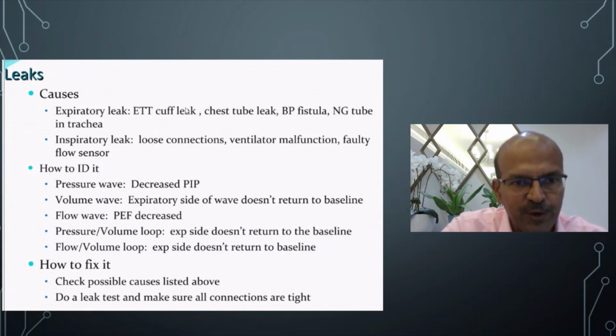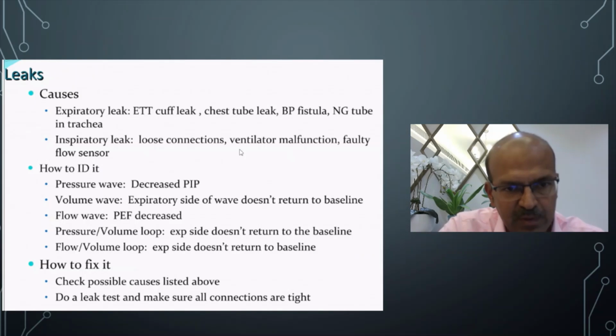You are not using a cuffed tube in babies, of course, according to the size of the tube. You can have a chest tube leak if you have a pneumothorax drained, or a bronchopleural fistula can be leaking. And inspiratory leak can happen with loose connections when the ventilator starts malfunctioning or if there is a faulty flow sensor. So we can identify it by the volume wave where the expiratory flow doesn't return.